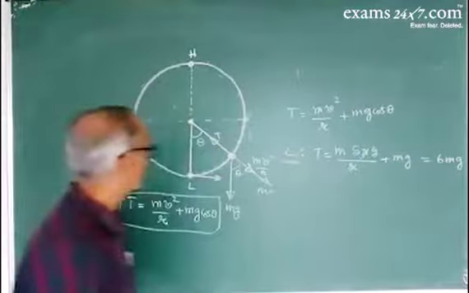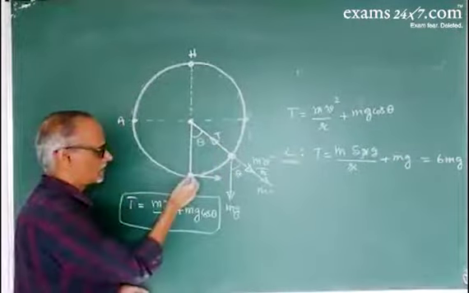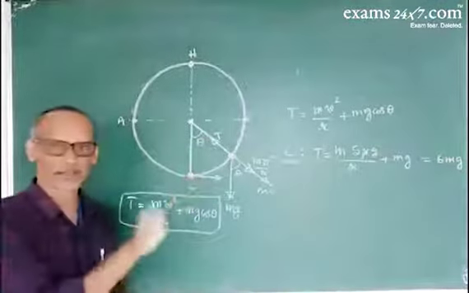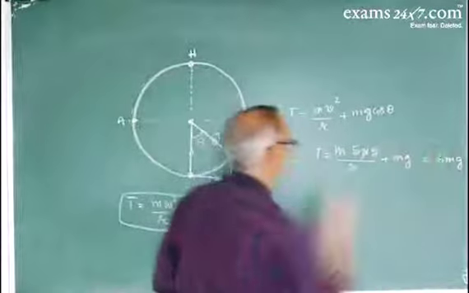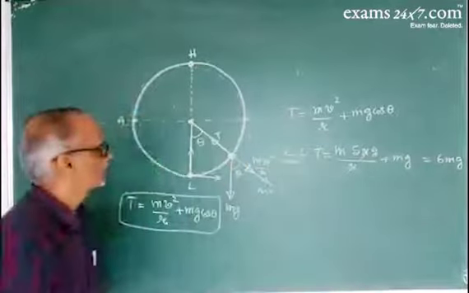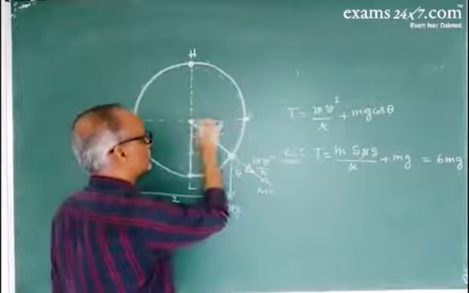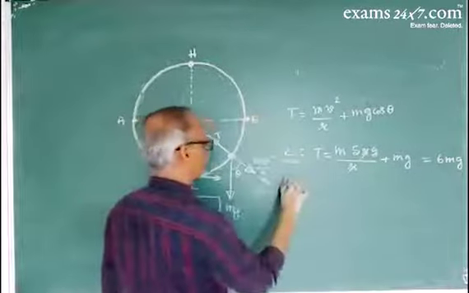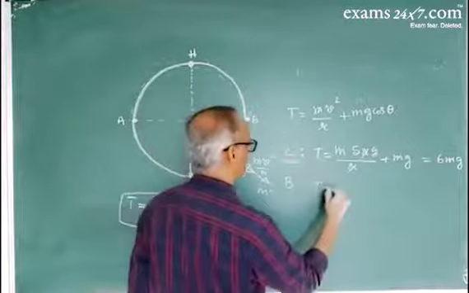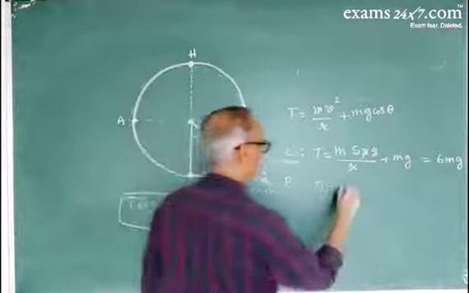So when the velocity of the particle at the lowest point is root 5rg, the tension in the string is equal to 6mg. When the particle reaches the horizontal position, that is at B, tension is given by m.